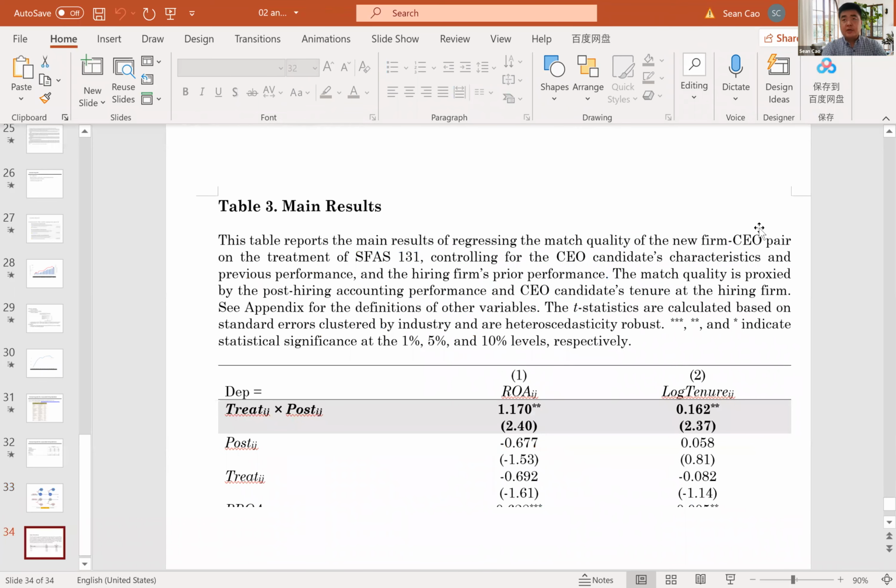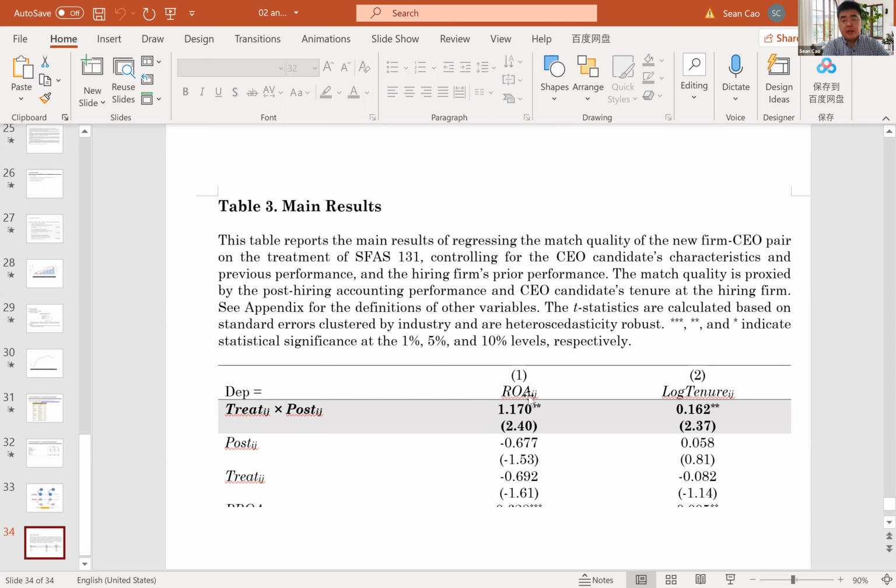So let's look at the results. You can read the paper to see what these numbers mean, but let me just briefly go over the idea here. Look at this interaction: post means after 1997, pre means before 1997, and treatment means treatment group versus control group.